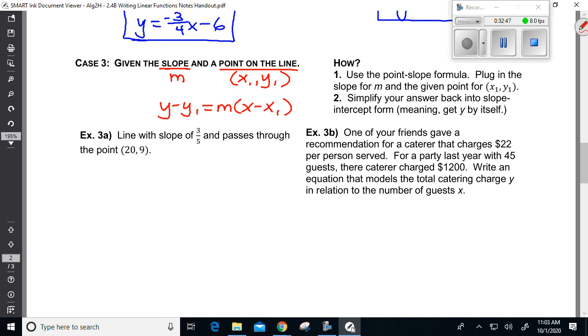So let's do 3a. Line has a slope of 3/5 and passes through the point 20, 9. So they told you directly what the slope was, and they told you directly what x1 and y1 was. So, first thing is to put everything into the formula.